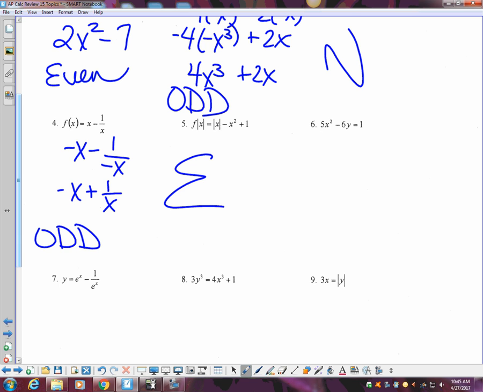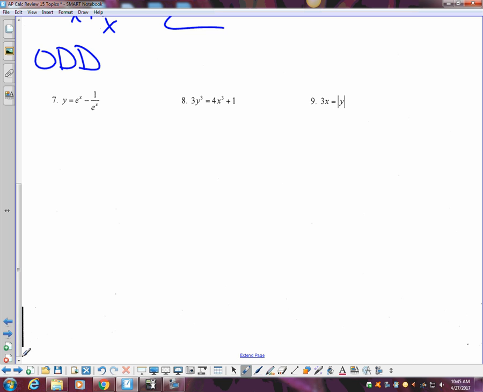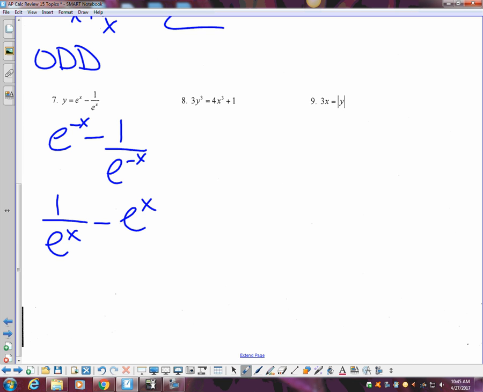What about number 7? This is a good problem. If I plug a negative there and a negative there. Okay, you're not ready to make the decision yet. What does the negative exponent mean? I move it, right? So he is going to become that, and he is going to become that, right?